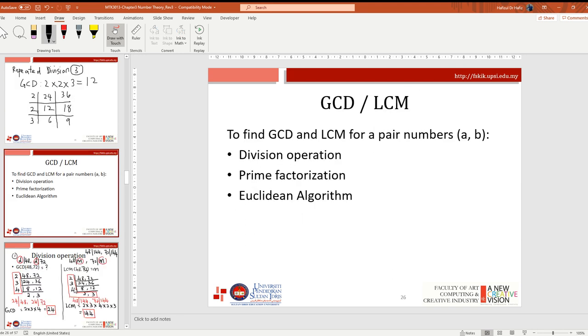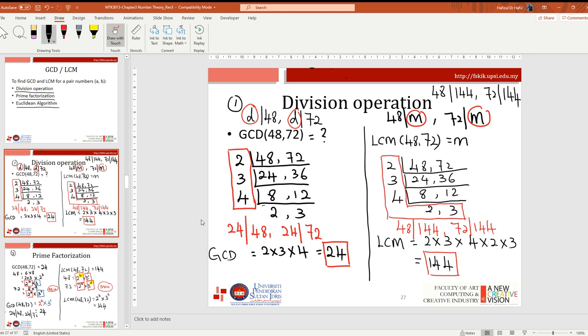And then to find the GCD and LCM for a pair of numbers A and B, we have the division operation, prime factorization, and the Euclidean algorithm. For the division operation, I will explain.